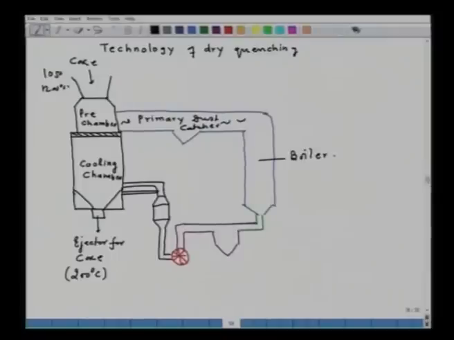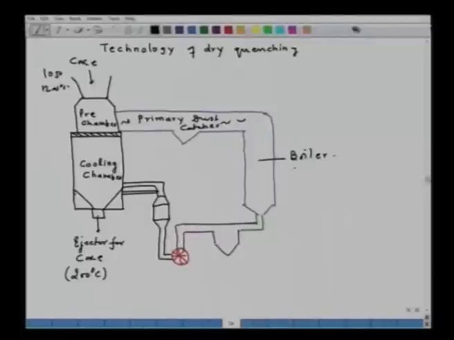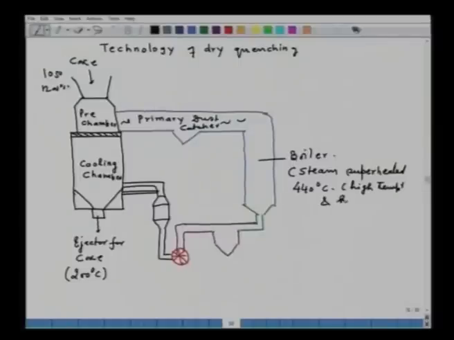The job of the boiler is to convert water into steam, and as a result we get superheated steam at around 440 degrees Celsius. This is in fact high temperature and high pressure steam.